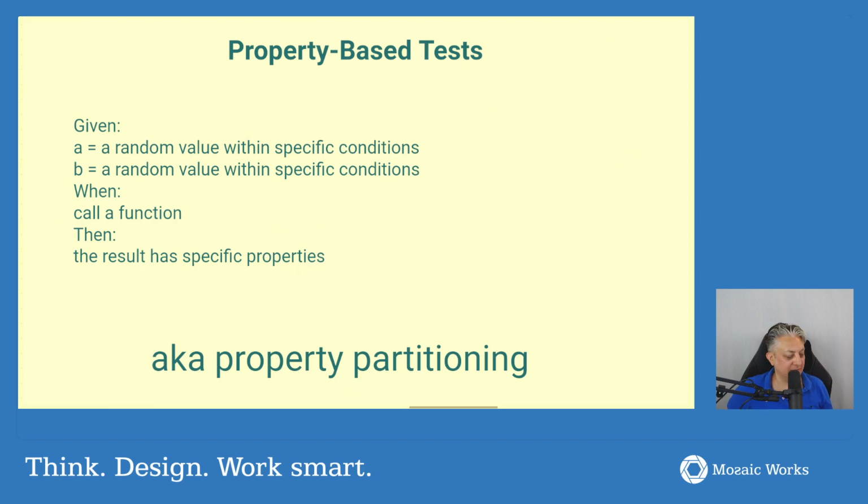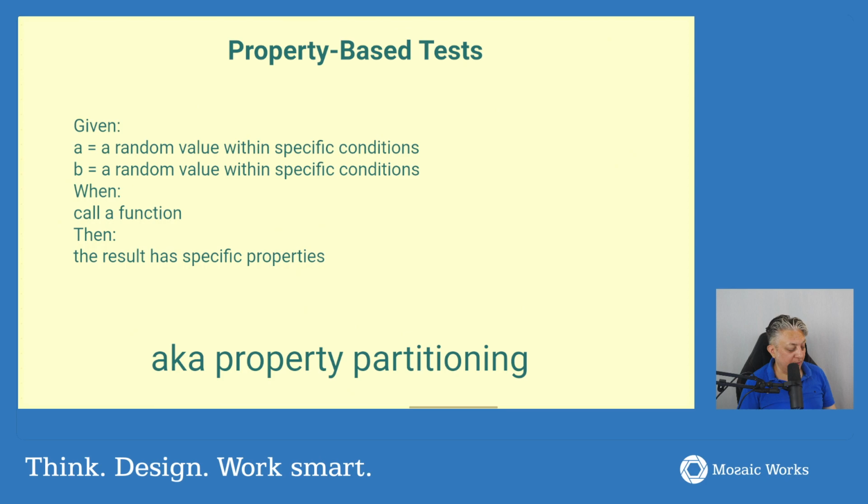You can say, okay, give me a random value A that is between 0 and max int, and then give me a random value B that is between 0 and max int minus A, or something like that. And then you expect the result to be positive. And the way this works, you use generators that give you different sets of values, and you can run this on 1 value, on 10 values, on 1,000 values, as many as you want.